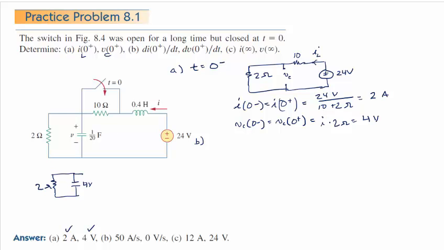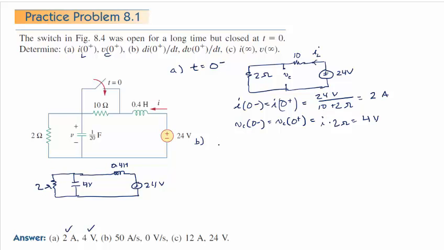And the switch is closed, so this 10 ohm resistor goes away because it's shorted out right now. So I still have that 0.4 Henry right there, and my 24 volt source right here. Okay, so this is what happens at the instant the switch is closed.